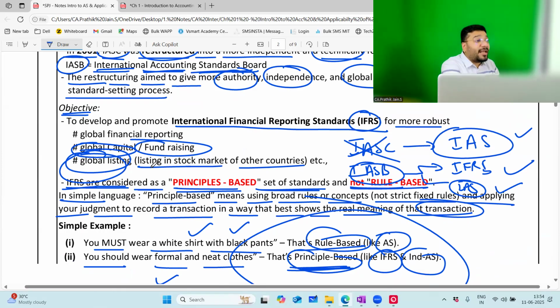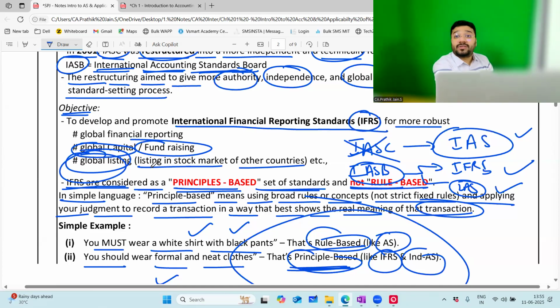We had to prepare the financial statements in the language they understand. So all the Indian companies had to adopt IFRS as it is, because at that time, Ind AS did not come. Ind AS came in 2015 only. So until then, people had to follow IFRS. If you wanted to get money from foreign institutions, foreign companies, and if you wanted your shares to be listed in a foreign market, then you still had to prepare your FS in the format of IFRS.